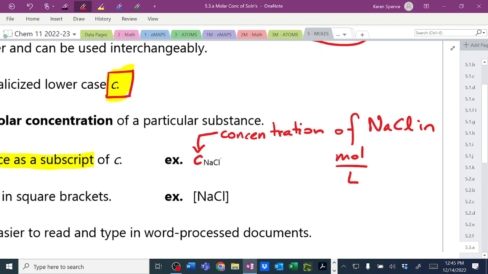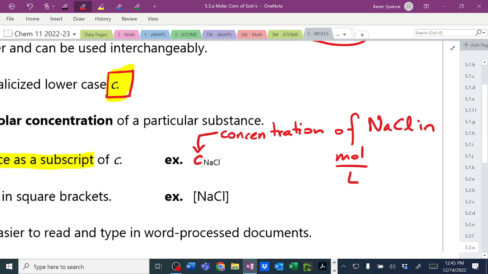Now, to be honest with you, when we are typing, it's really a pain to try and do the formula as a subscript. It takes some time. And in fact, this notation is not used as often as our next notation.